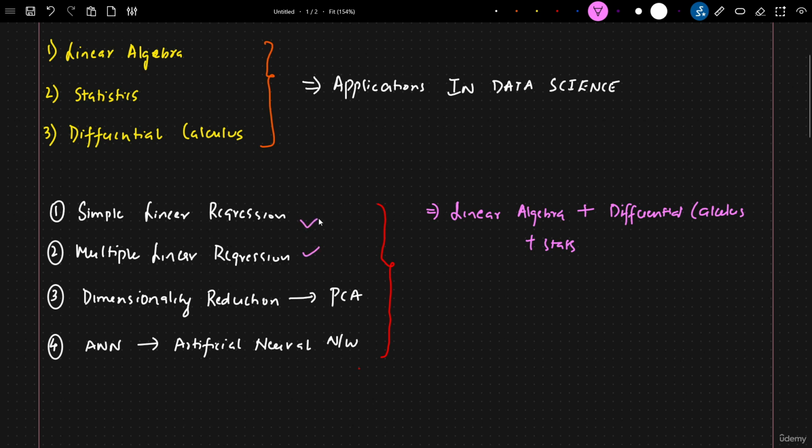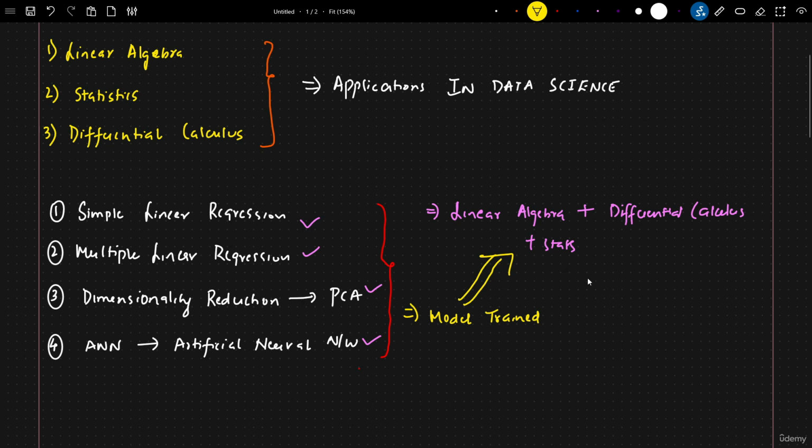In all these algorithms that I will show you, you will be able to understand how these models are actually trained when you see the theoretical intuition behind it, which I will be covering as we go ahead. When we are understanding the theoretical intuition, you will see how beautifully these concepts of linear algebra, differential calculus and stats will be used.